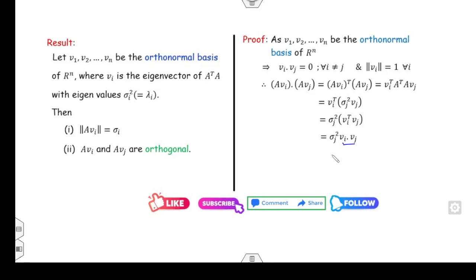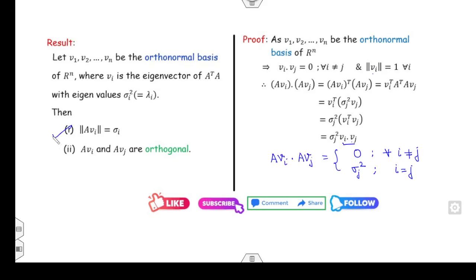Because Vi into Vj is 0 for all i not equal to j, and whenever i is equal to j, the norm of Vi, that is Vi into Vi, is 1, so this number is my sigma j square. So the left hand side becomes A Vi dot A Vj.